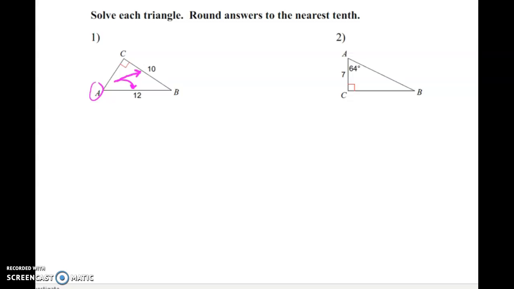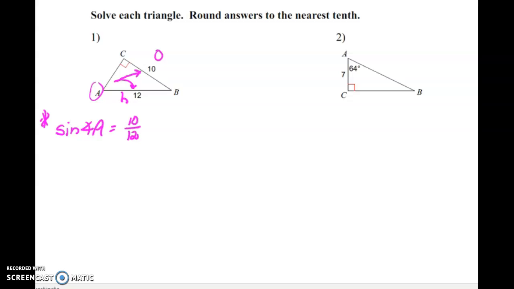That's the O and the H. So we're going to use sine of angle A equals the opposite leg over the hypotenuse.